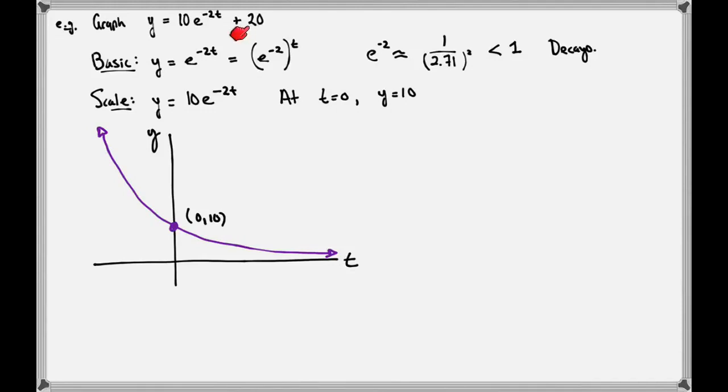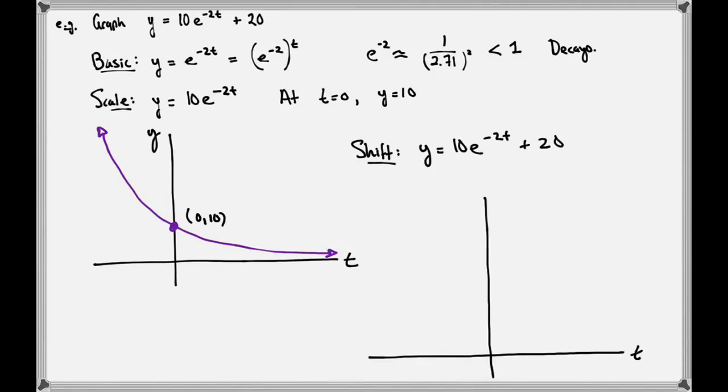Finally, the next operation is to add 20 to that result, and that will shift everything up 20 units. So if I plot the function I'm really interested in, I'm going to take the graph we just found and add 20 to everything, lifting everything up. So the y-intercept now has moved up 20 units to 30. If I plug in 0 to this, I get 10 plus 20, which is 30.